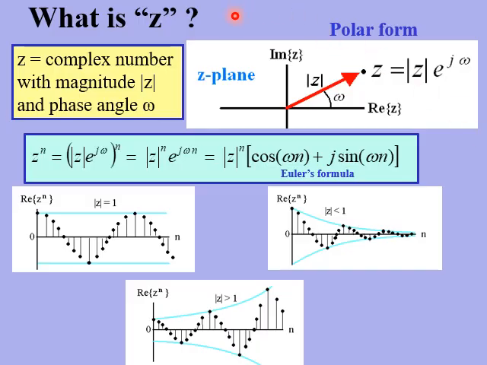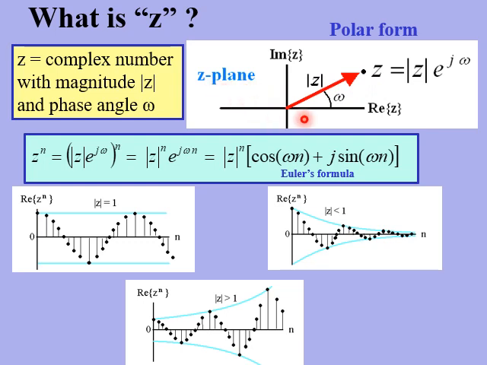So before we look at examples, let's learn a little bit more about the Z-transform. So first of all, what is z? Well, z is a complex number that has a magnitude, absolute value of z, and a phase angle, omega. So we look at z in polar form, not in rectangular form. And we can plot z as a complex quantity in the z-plane.